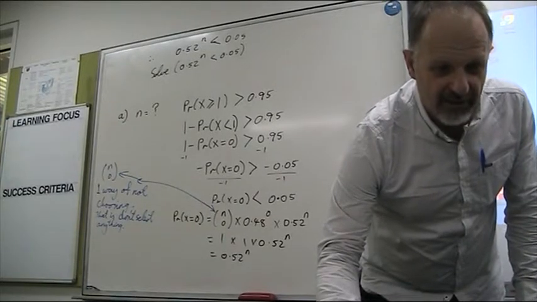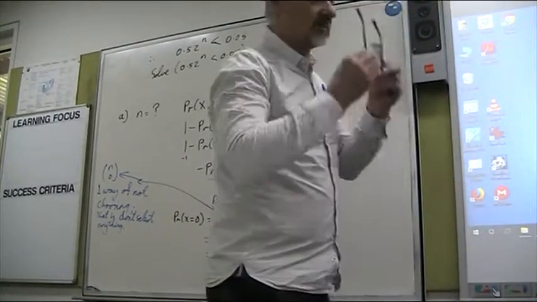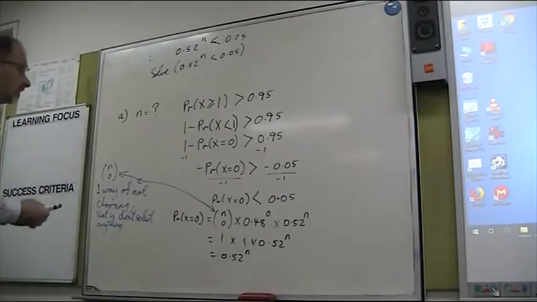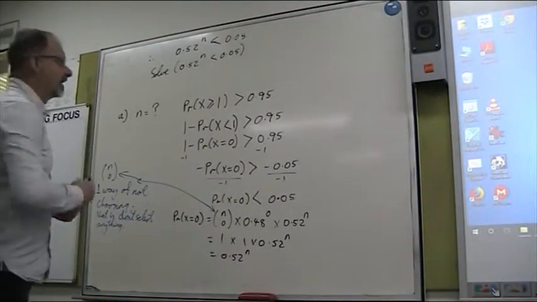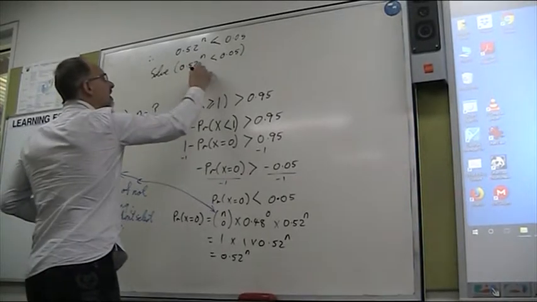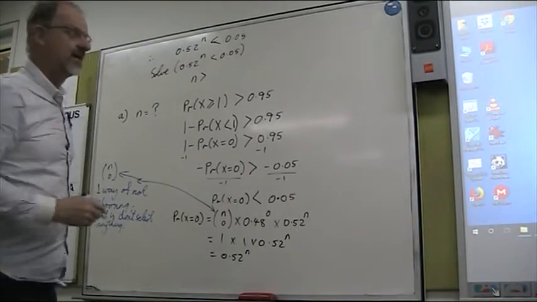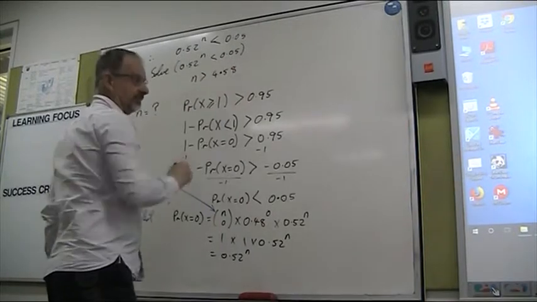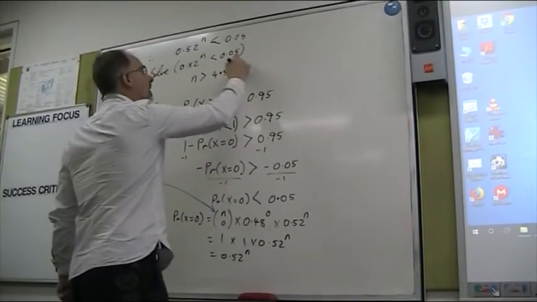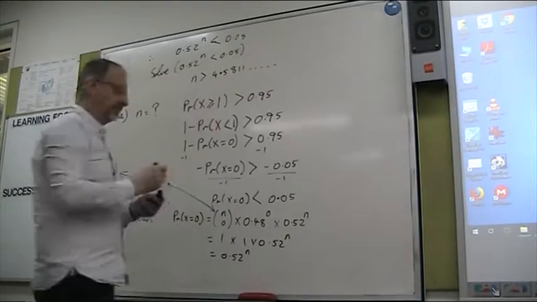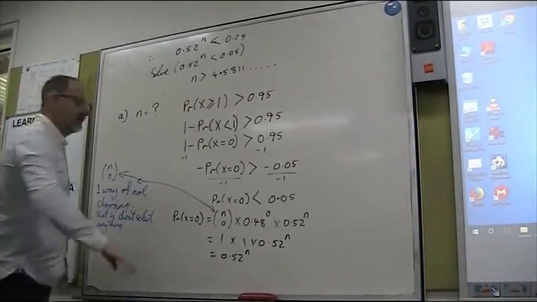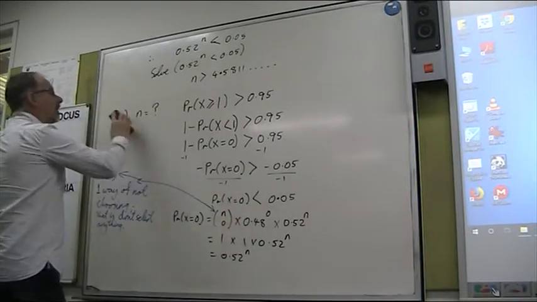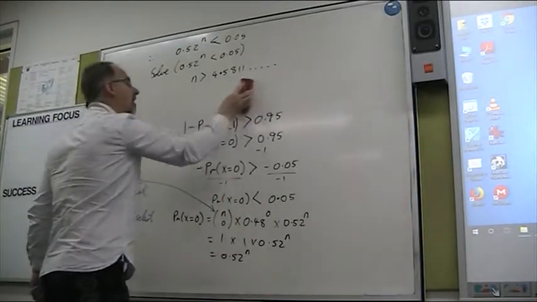Find n for me. And there it is. So when we do that, it tells us that n has got to be greater than 4.58 and so on. Now, round it to 5.